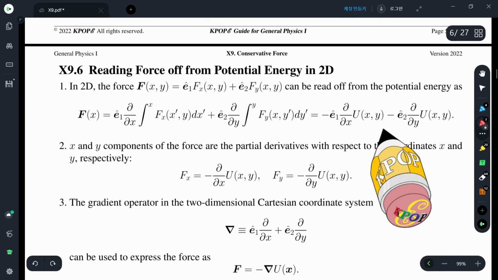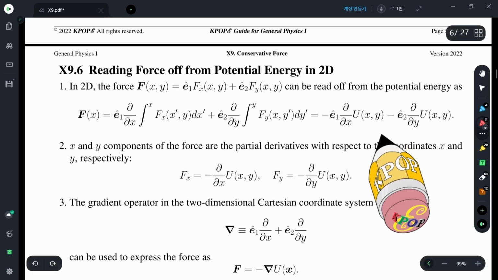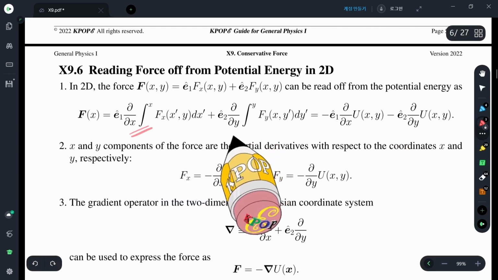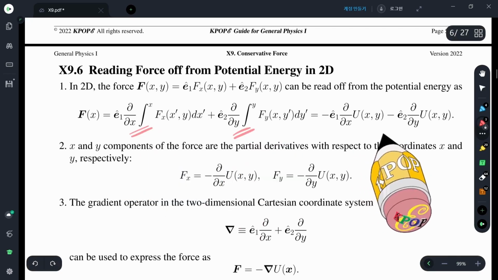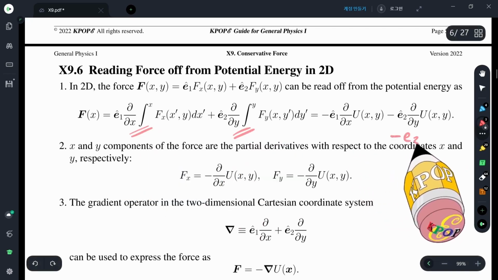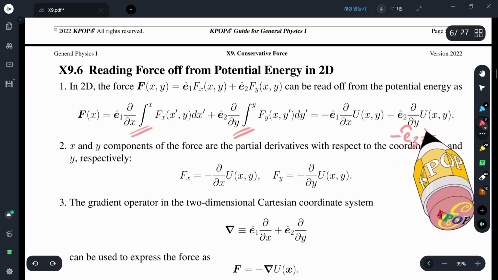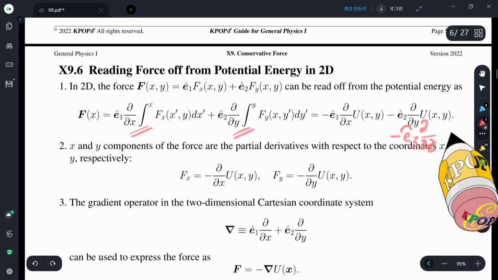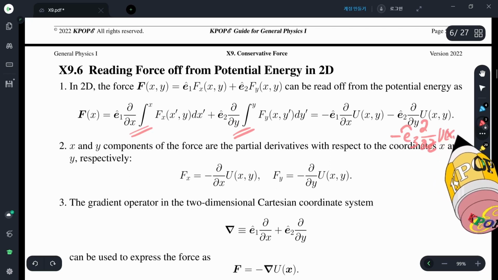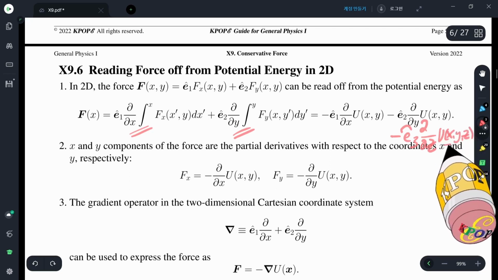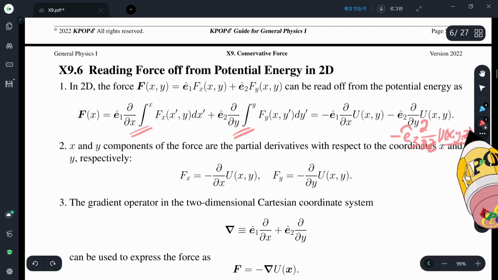Reading off the force from potential energy in two dimensions, the extension to two dimensions is straightforward. Again, the three-dimensional extension is also possible. Sure, in that case, the potential energy should be a function of x, y, and z altogether.